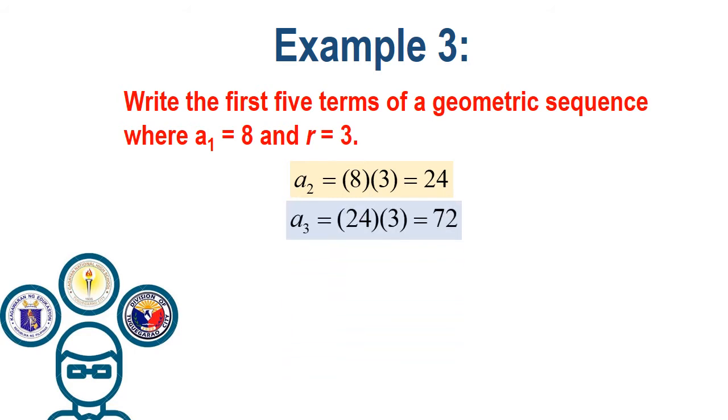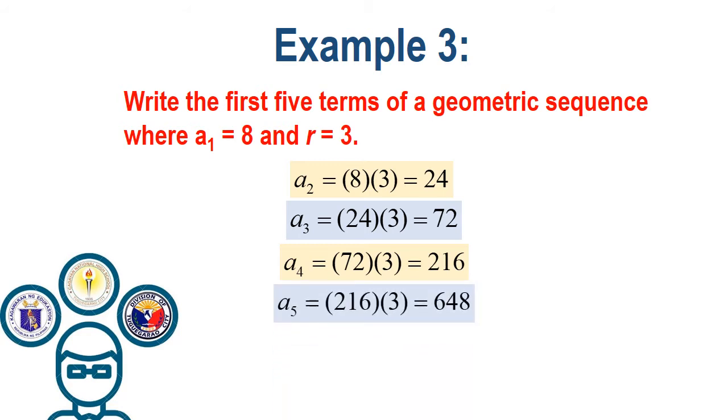The third term is equal to 24 times 3, which is equal to 72. The fourth term is 72 times 3, which is equal to 216. And the fifth term is 216 times 3, which is equal to 648. Therefore, the first 5 terms are 8, 24, 72, 216, and 648.